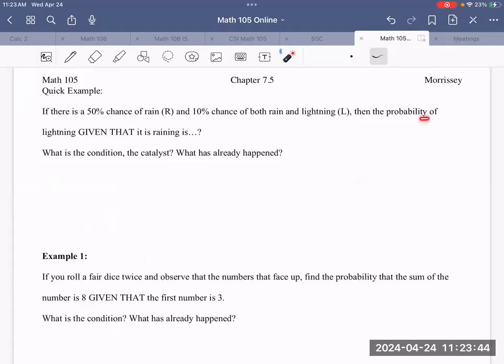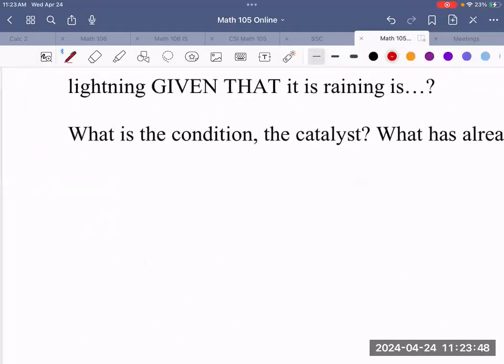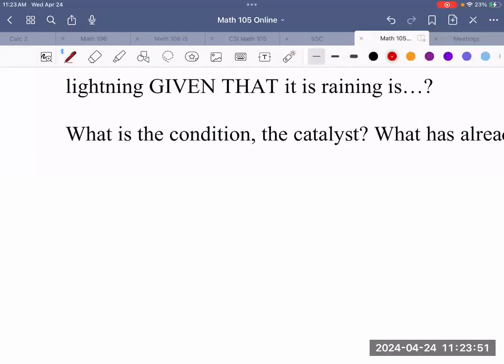The probability of lightning, given that it is raining, so it is raining right now. You can have rain without lightning, that is totally possible. You can also have lightning without it raining, so they're not mutually exclusive. However, right now we know it is raining. Rain is happening.